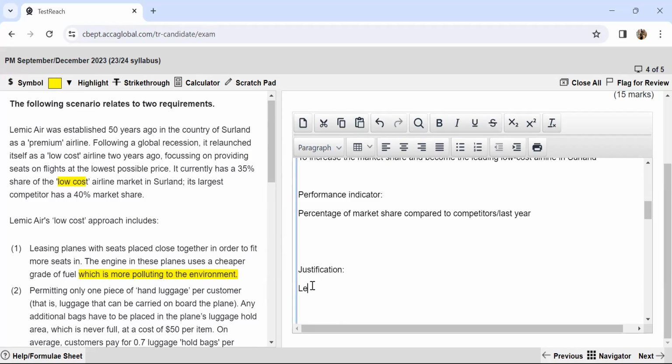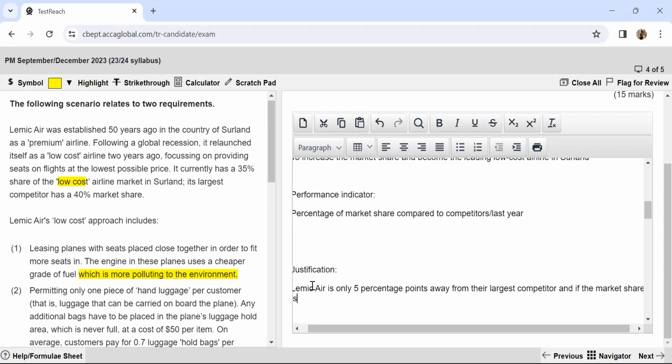So the justification can be that Lemic Air is only 5 percentage points away from overcoming their largest competitor, and if the market share is increased, the revenues will also increase.